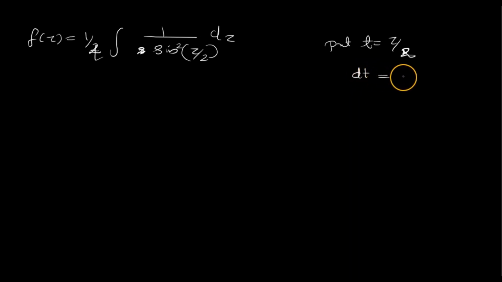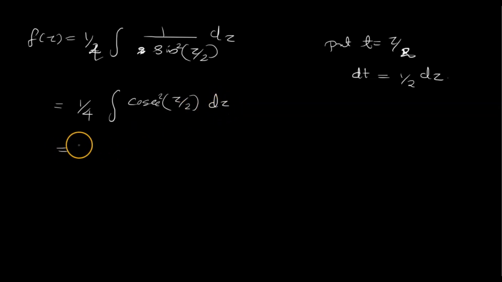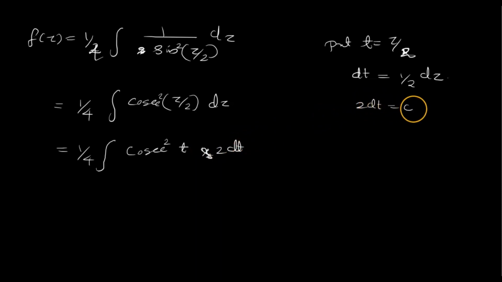So put t equal to z by 2. What is dt? dt is equal to 1 by 2 dz. So we can write it as 1 by 4 integral of 1 by sin square, which is cosec square z by 2, dz. Now substitute the value: 1 by 4 integral of cosec square t, and dz is 2 dt.